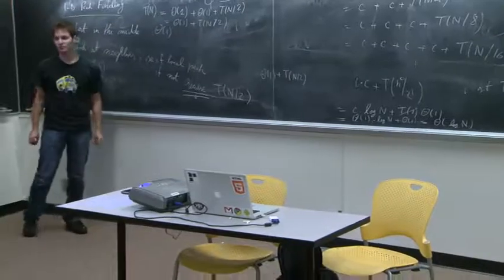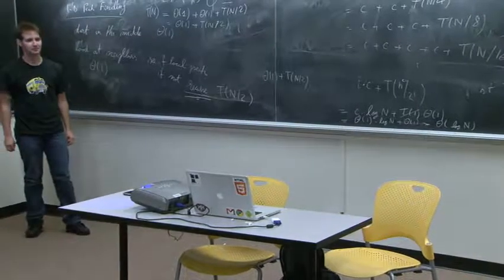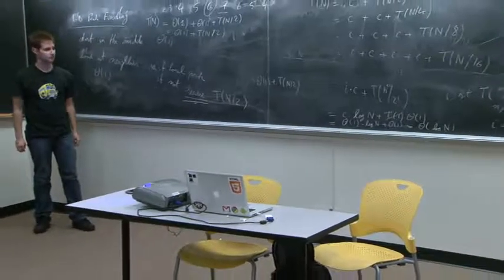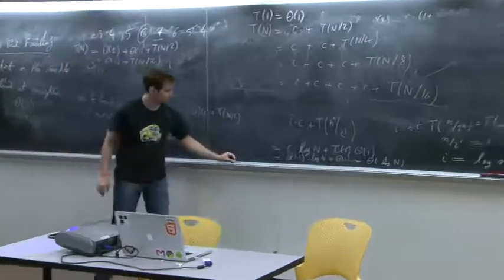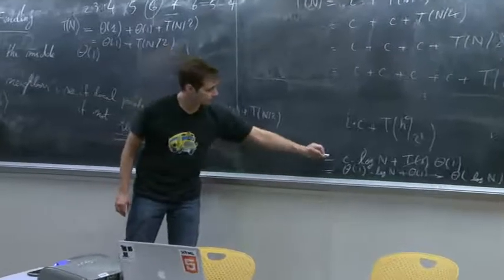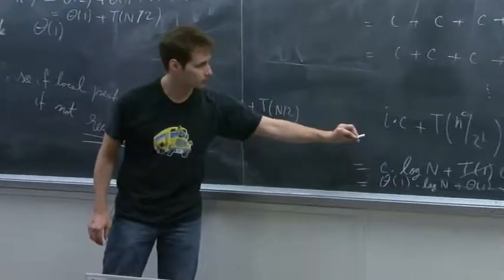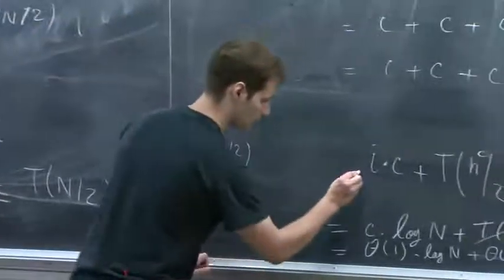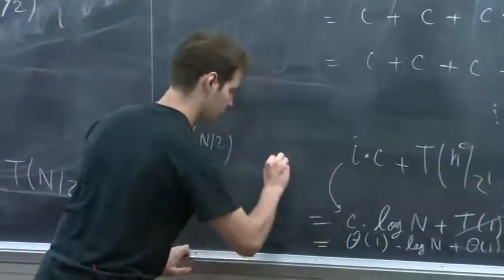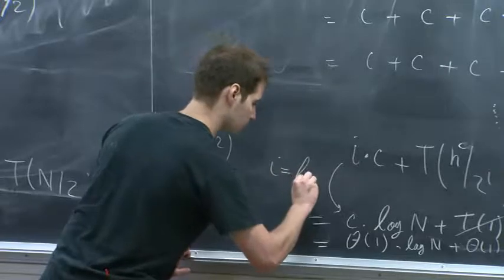Okay, how are we doing? Yes? In the second to last from the bottom, I don't understand after the c times log n. Replace i by log n, and the second part of the equation, how did you... Okay, so in the jump from here to here where I set i equals log n, right?